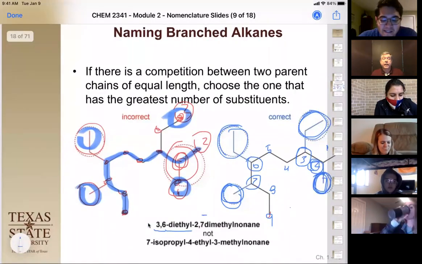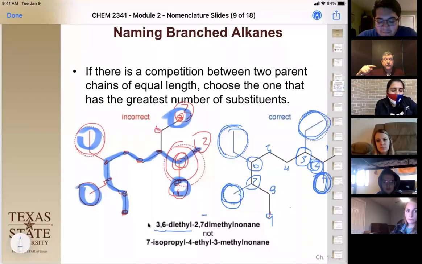All right, questions on that? Okay, so the rules we've learned is parent chain, lowest number for the substituent. If it's ambiguous, you need to move to the second substituent. Always look for the longest chain, even if it's not in the straight line.